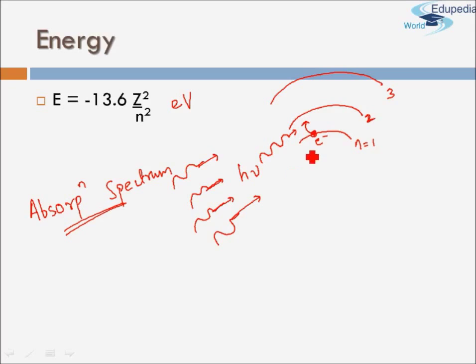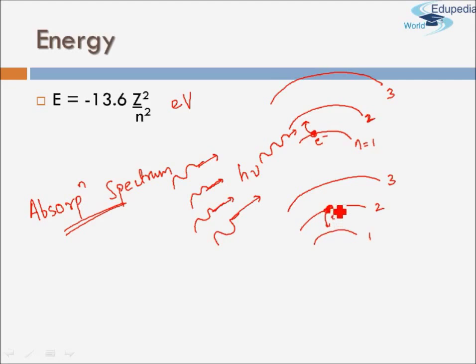Now this electron has jumped from the first to, let's say, the second orbit, so it is in the excited state. Whenever an electron is present in a state higher than its original state, it is said to be in an excited state. To make itself stable, it wants to come back to the ground state, its original state.